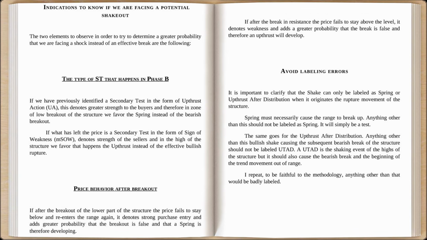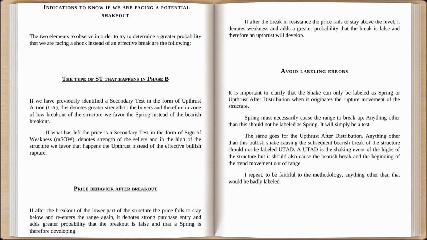Indications to know if we are facing a potential shakeout. The two elements to observe in order to try to determine a greater probability that we are facing a shock instead of an effective break are the following: the type of SD that happens in Phase B. If we have previously identified a secondary test in the form of upthrust action, UA, this denotes greater strength of the buyers, and therefore in the low breakout zone of the structure, we favor the spring instead of the bearish breakout.